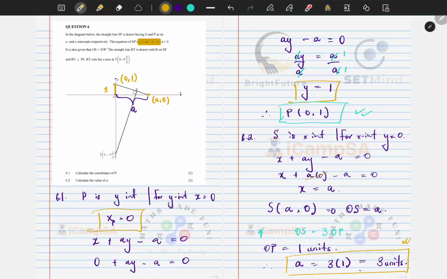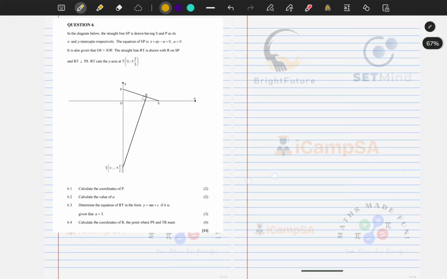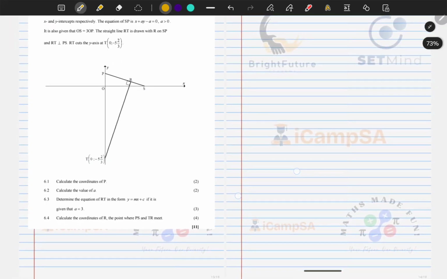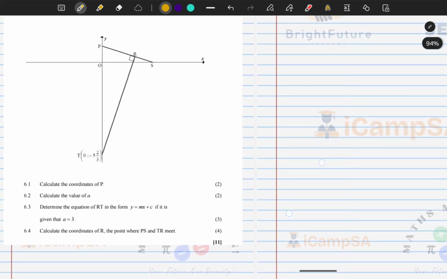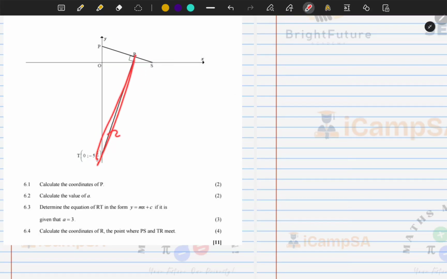So now let's look at 6.3. In 6.3, they are saying determine the equation of RT. So this line.